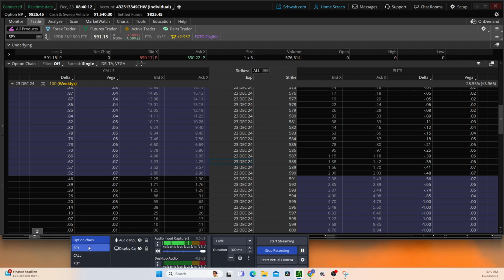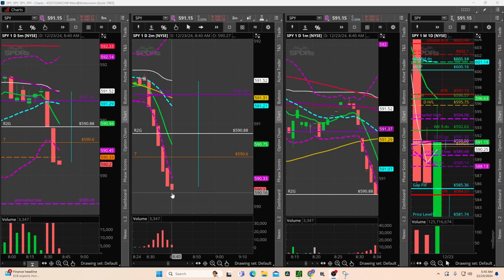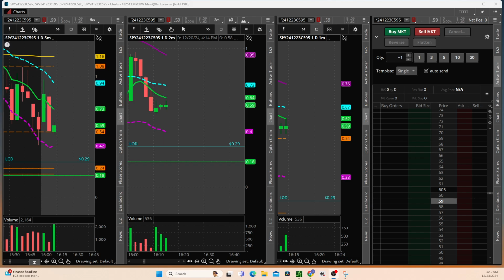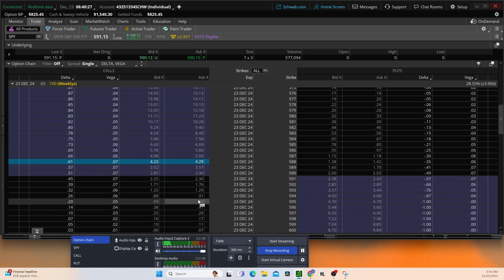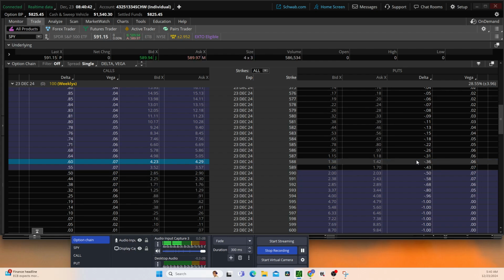Then if SPY continues to drop like it does, on the second point SPY moves, the option will increase by delta plus Vega. If it's going down, we want to buy puts.